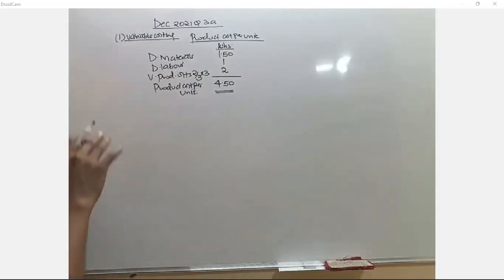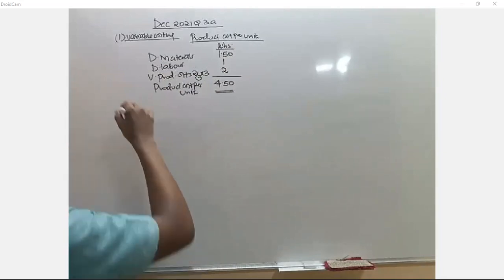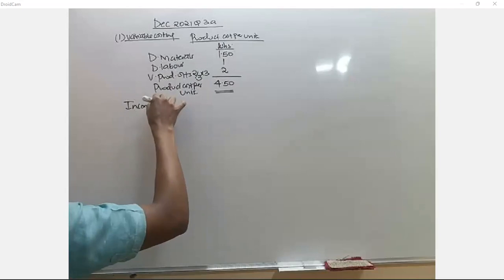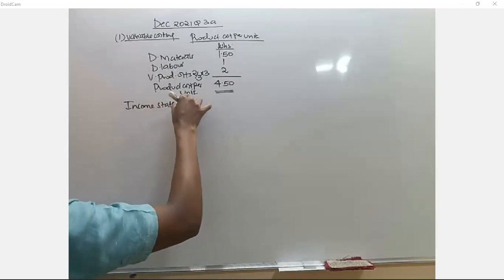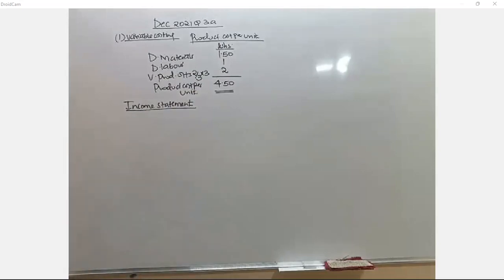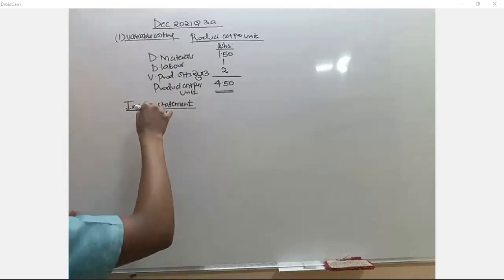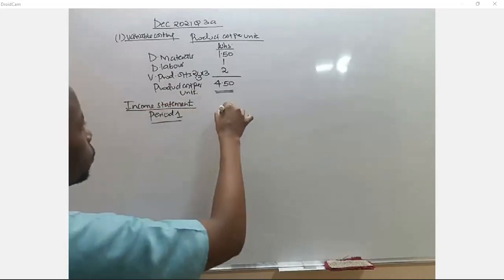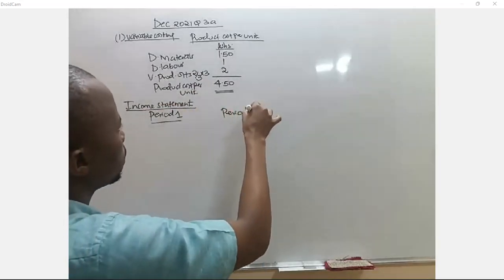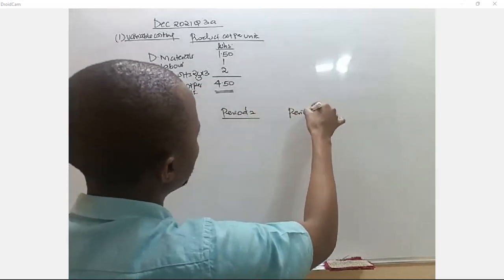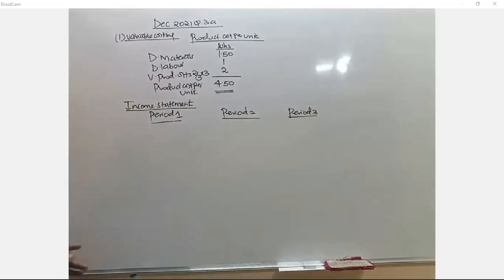Now, we are starting with variable costing, so we come up with the income statement. We are going to have 3 periods: period 1, period 2, period 3.